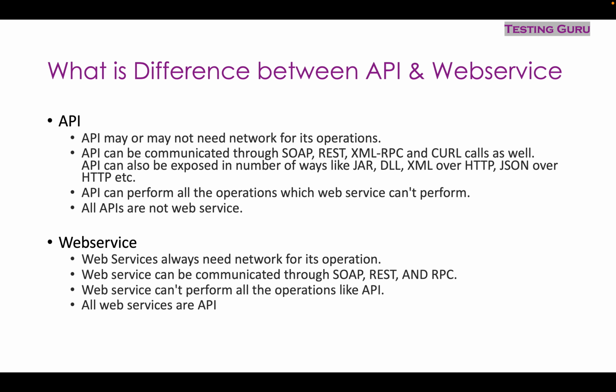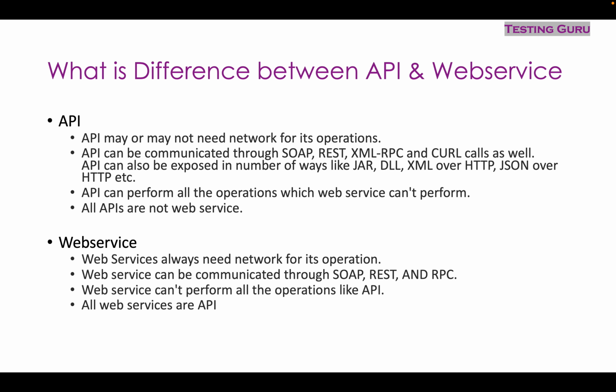And one more thing is that an API can be communicated with through SOAP, REST, or XML, or such kinds of languages, while a web service can be communicated with through SOAP. Both take those languages and process them. And an API can perform operations which a web service cannot perform.